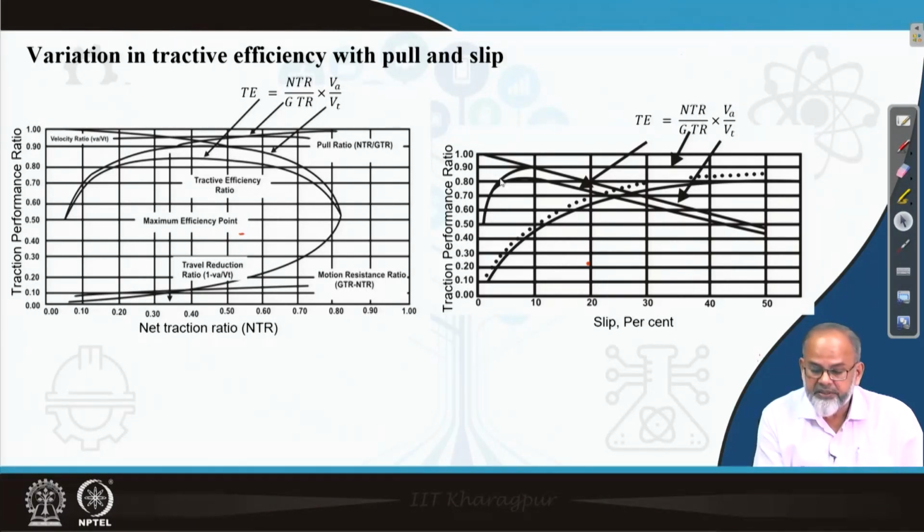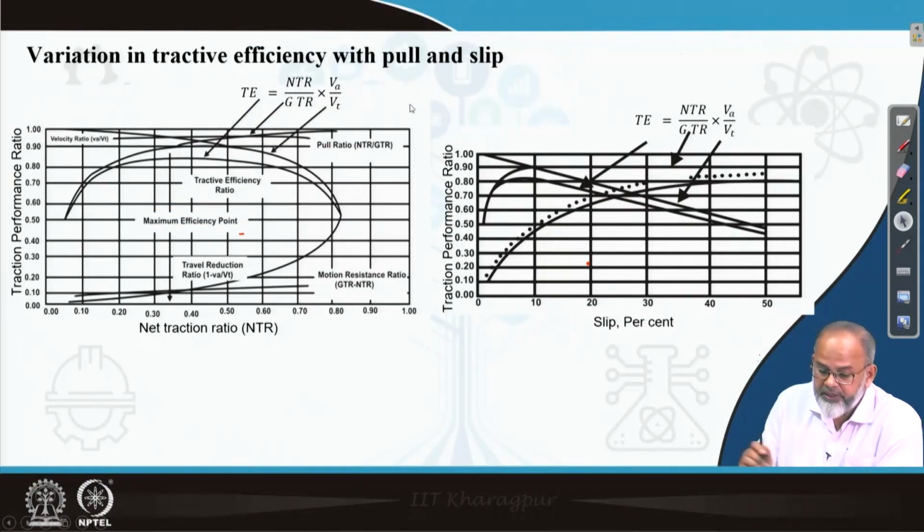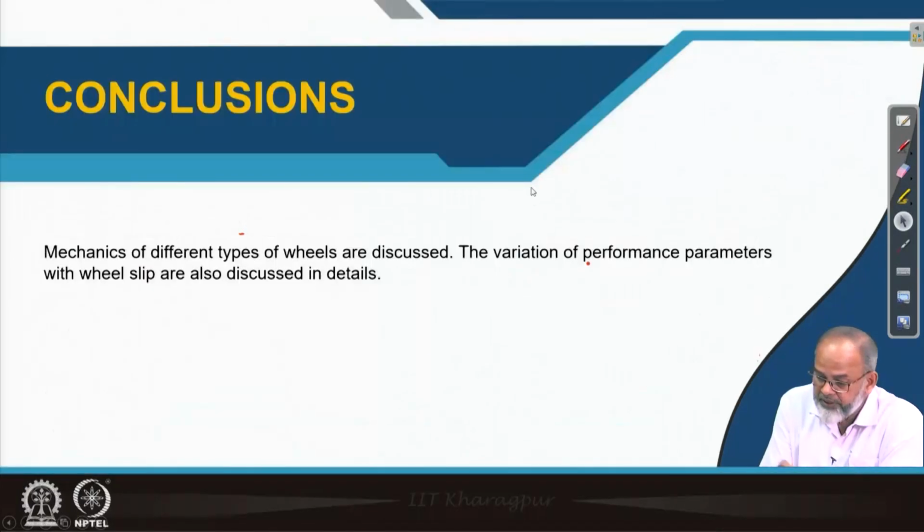Tractive efficiency is increasing, reaching a peak at a slip value of around 10%. Then it remains almost constant. Sorry, it goes down. Now, when I plot pull versus the coefficient of traction, you can see initially it rises, then reaches a peak. So the slip at which we get maximum pull and the slip at which we get maximum tractive efficiency are not the same.